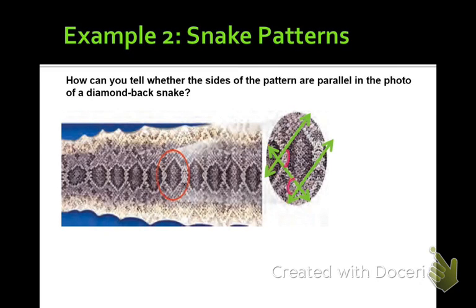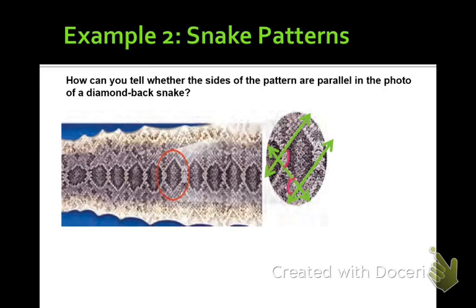All right. So your snake pattern's there from your notes. How can you tell what are the sides of the pattern? So this is a snake pattern here, the diamondback snake. How can you tell whether the sides of the pattern are parallel in the photo? Why do we care? Might be another decent question to ask.